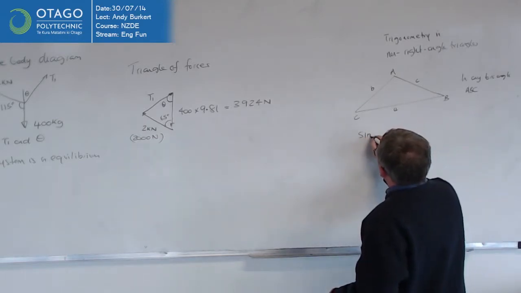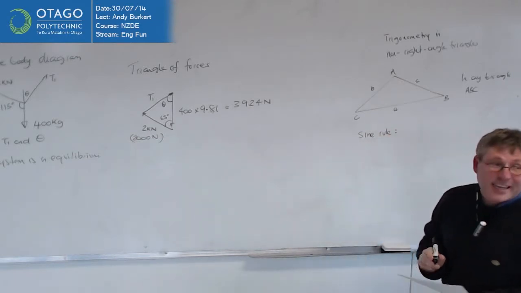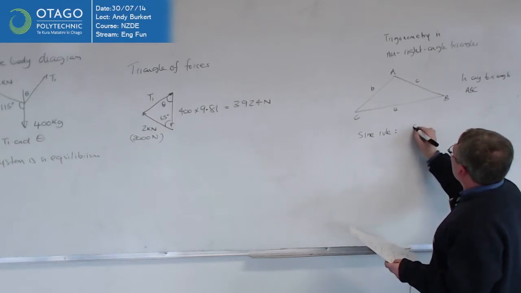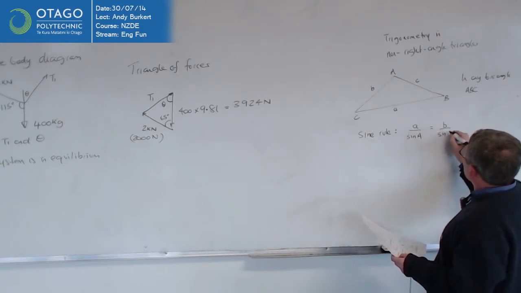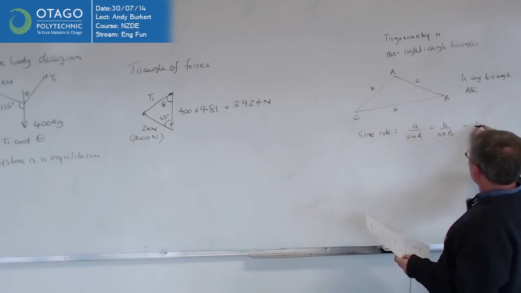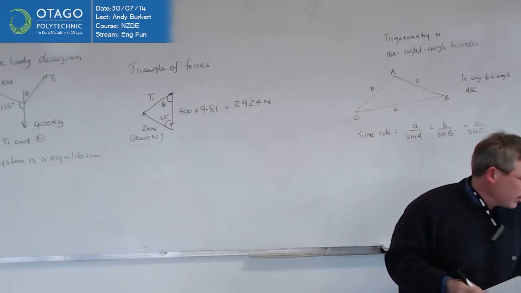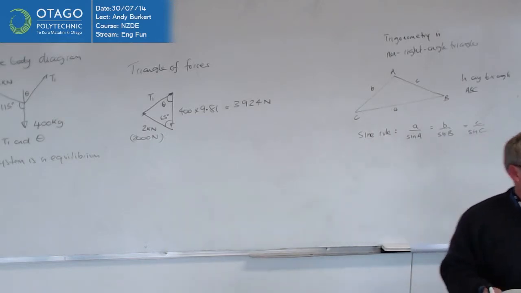So the sine rule, and you get given these on the formula sheet so you don't have to remember them, is a divided by sine A equals b divided by sine B equals c divided by sine C. And whenever you're using the rule, you only ever use two of the three fractions. You don't use all three at once.